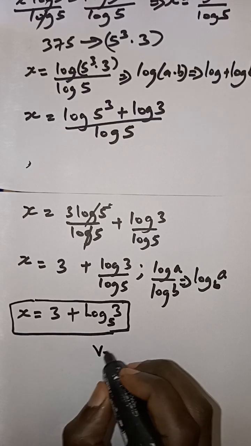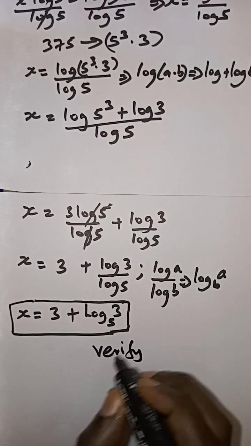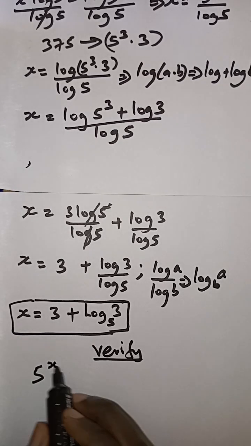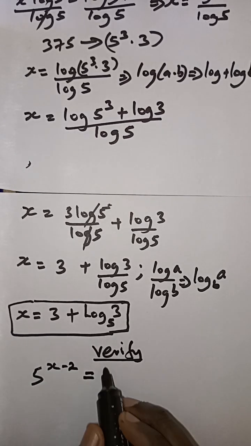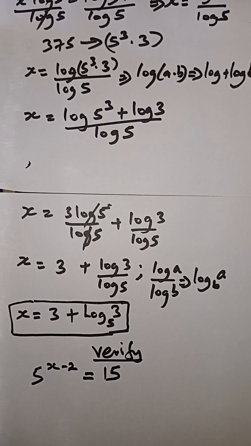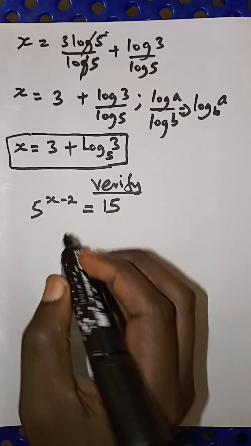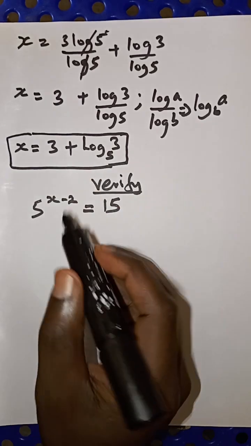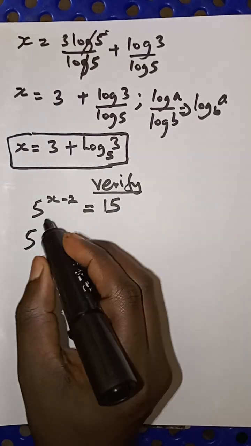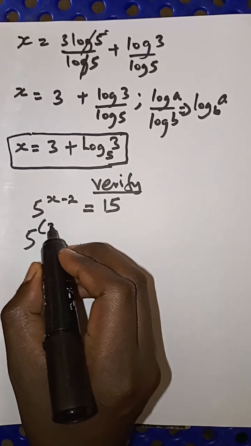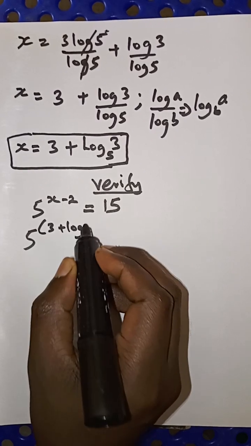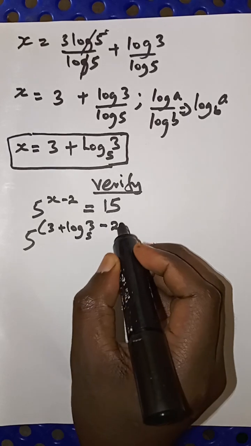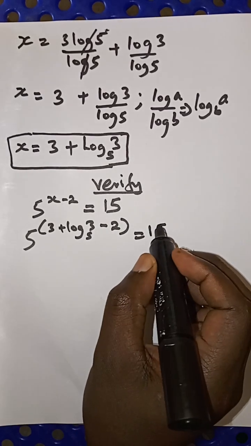So you're going to go ahead and try to verify if indeed 5 raised to the power x minus 2 gives you 15. Wherever I have x, I'm going to replace it with 3 plus the log of 3 base 5. So that is 5 raised to the power of 3 plus the log of 3 base 5, minus 2, which should give me 15.